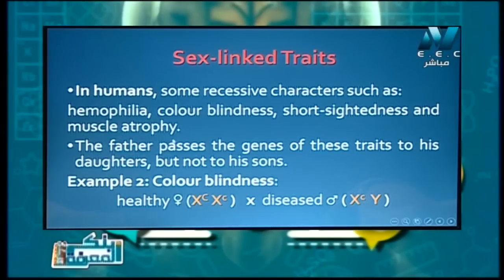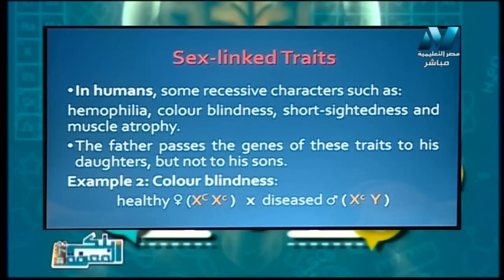The father possesses the genes of these traits and passes them to the daughters, but not to his sons, because the father contains X and Y, and the X chromosome goes to the female or the daughter, and the Y chromosome goes to the male.